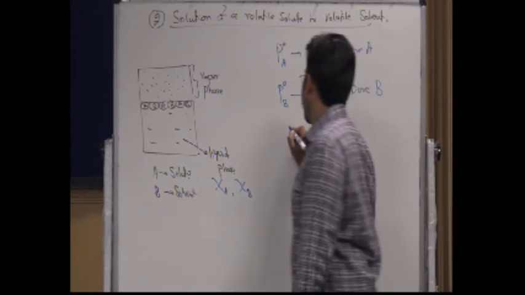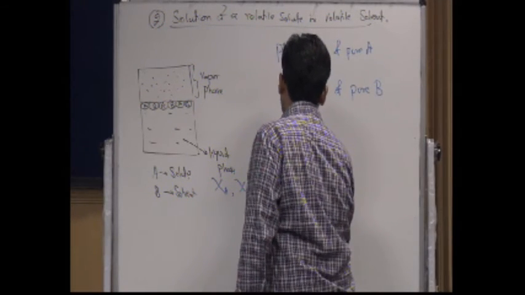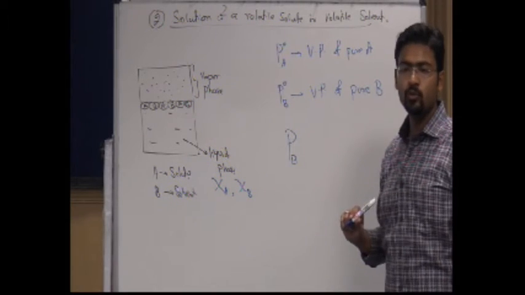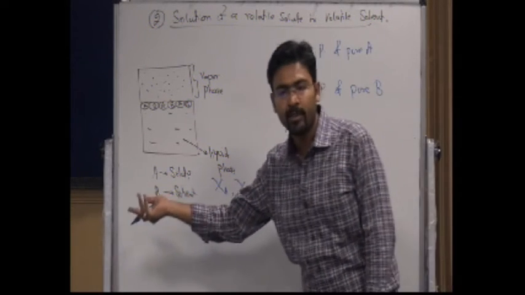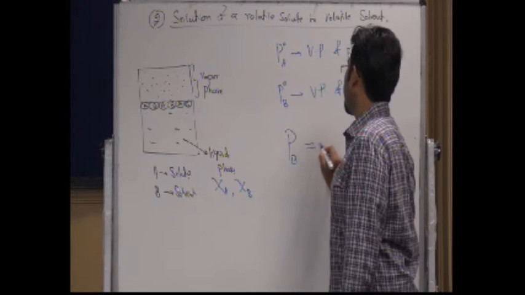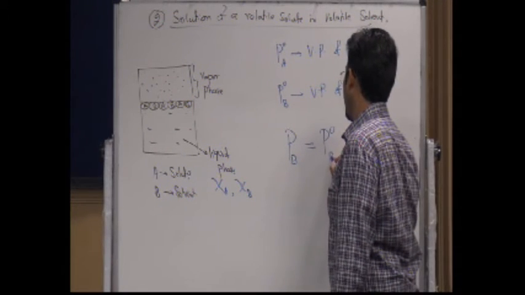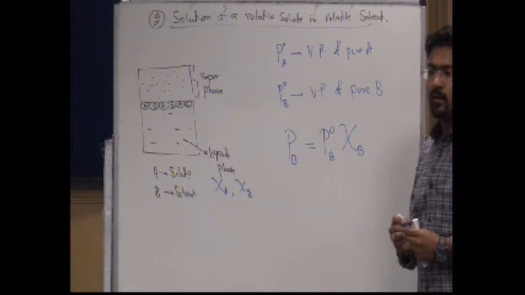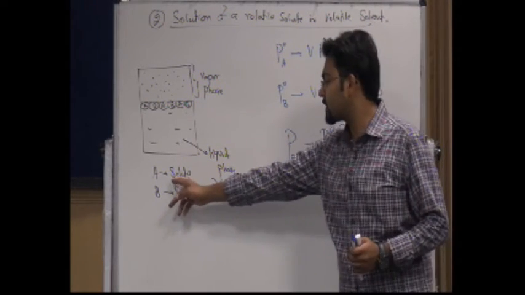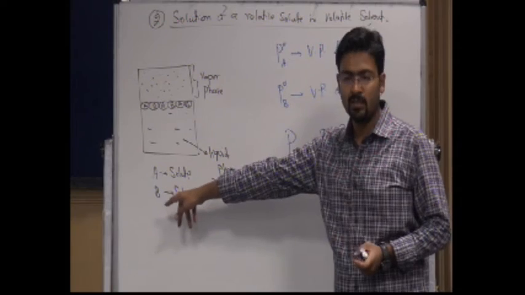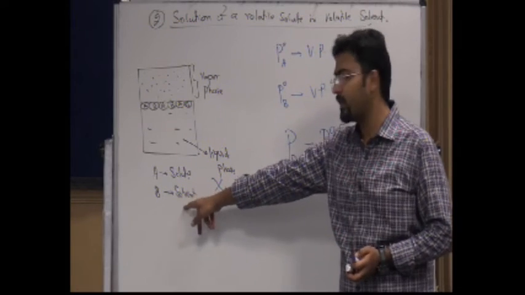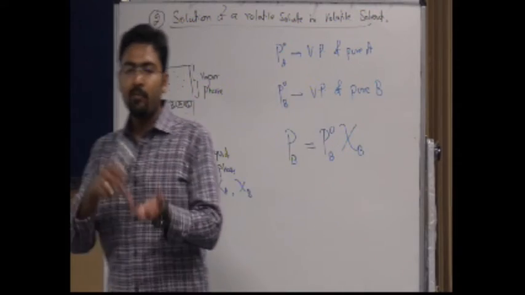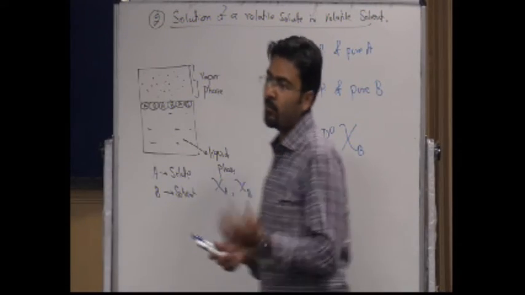So the vapor pressure of the solvent, let's assume that A is not forming the vapors, then in that case it will be P naught B into the mole fraction of the solvent itself. Since the two liquids are mixed, the solute is the one in the lesser quantity and the solvent is the one in the higher quantity, but if I reverse the two, A will become the solvent and B will become the solute, right?